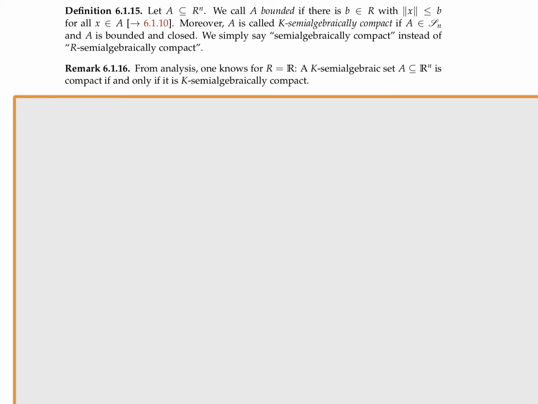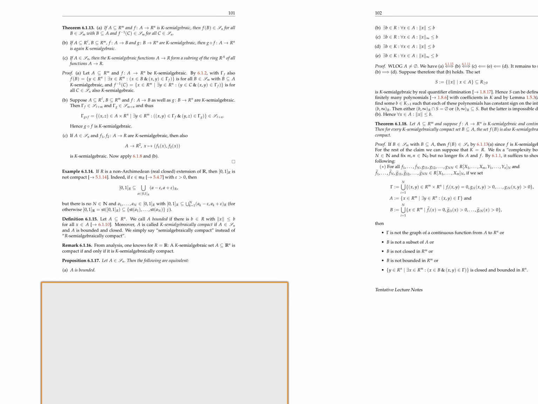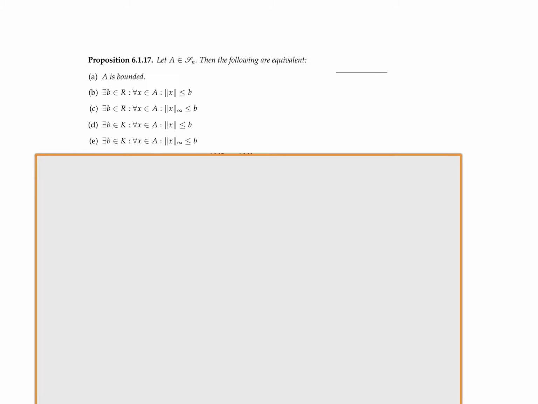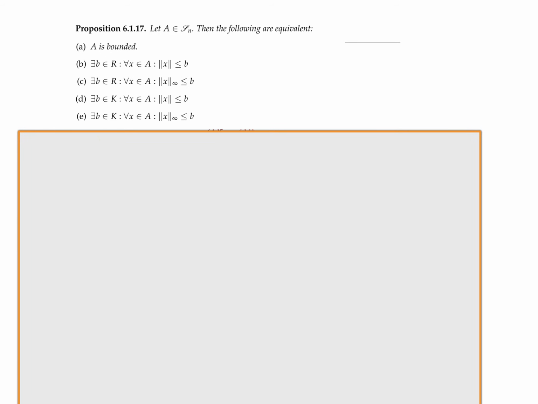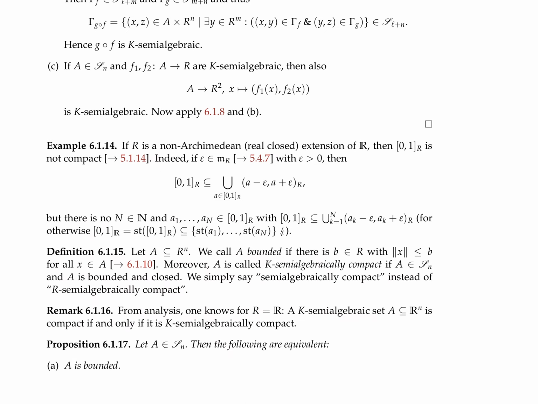So next proposition, we want to play around a little bit with this notion of boundedness, which we have just introduced. So remember that we said that a subset of R^n is called bounded if the norm of elements is upper bounded by some element of the real closed field.